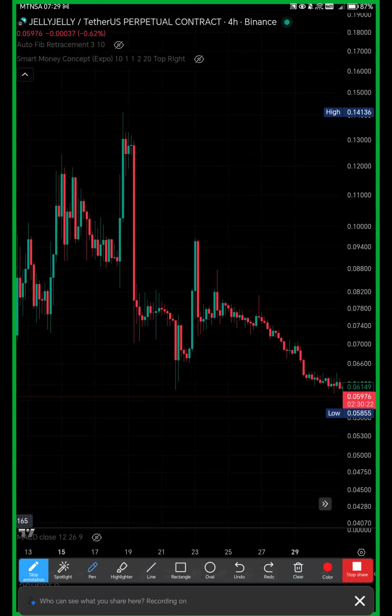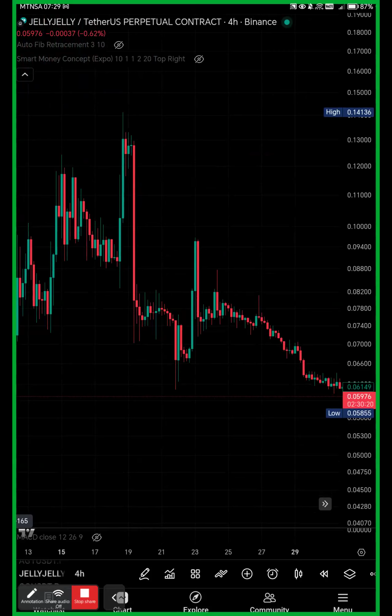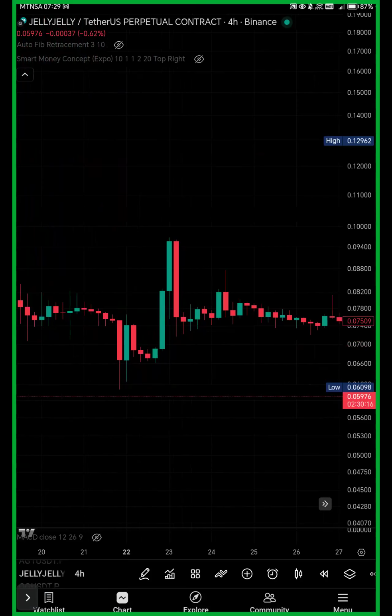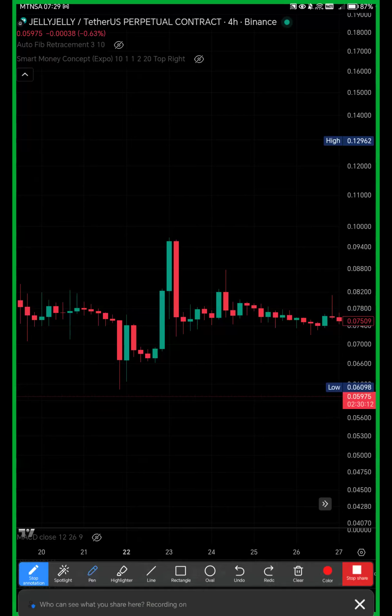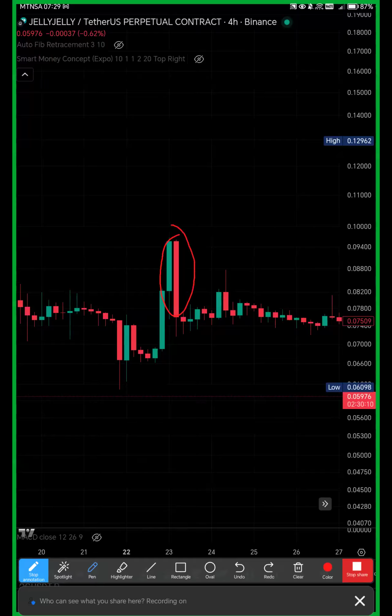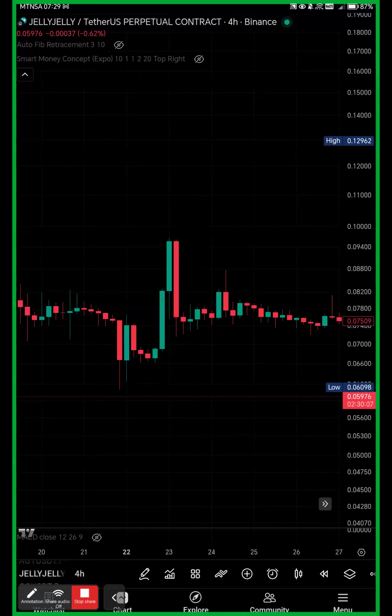But there is an engulfing bar formation that happened here.